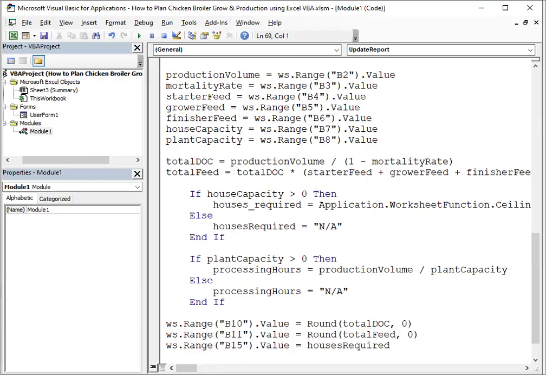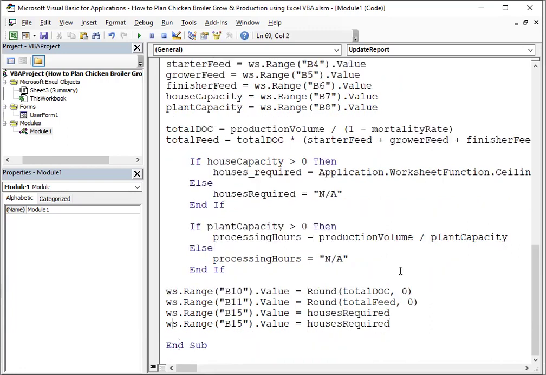Then the next one would be B16. I'm going to copy this, Control V. This would be row 16, column B, .Value, and this would be processing hours.